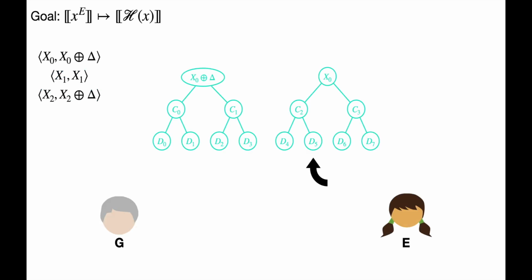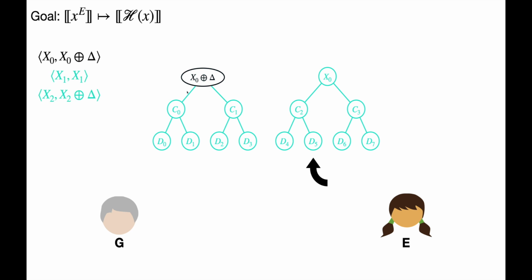Now let's consider the perspective of the evaluator. Notice I placed an arrow on the fifth leaf, and recall that the parties are computing the one-hot encoding of the value 5. At a high level, our goal is as follows. We wish to allow E to recover each label in both of the trees, except for those specific labels along the path to D5.